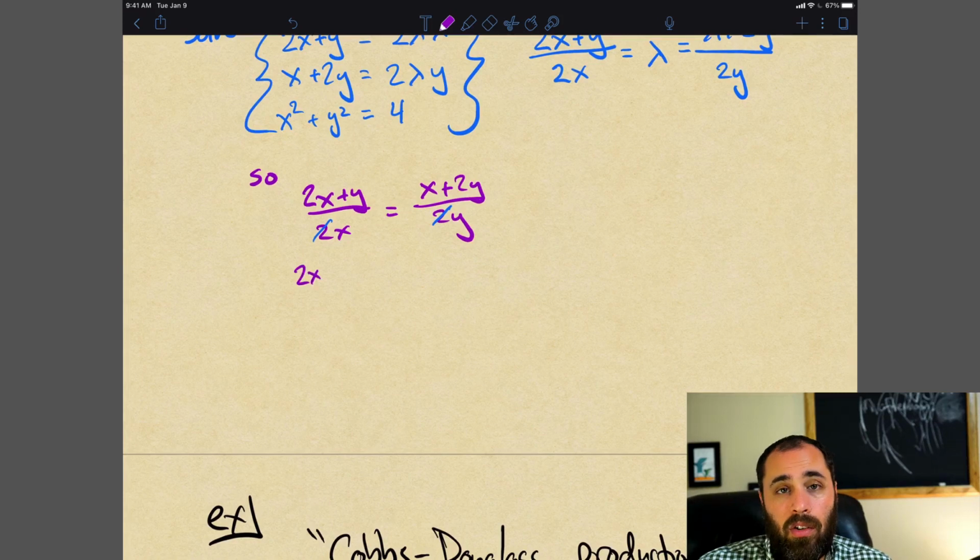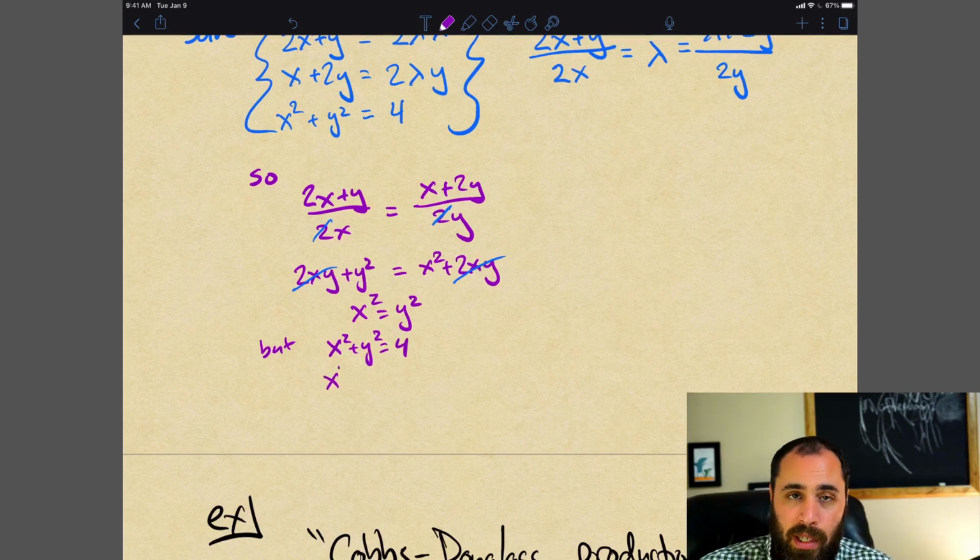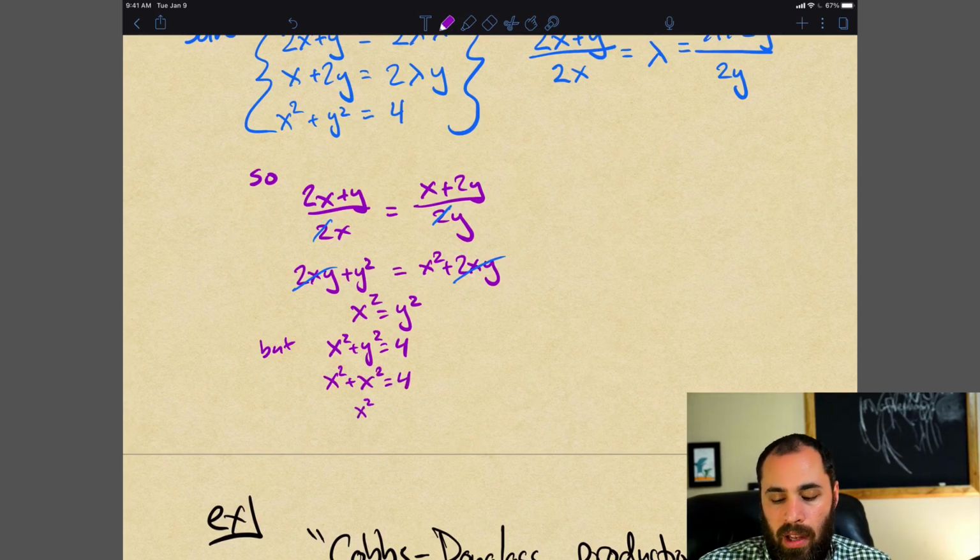We can cross multiply and get some other terms that cancel out. We conclude that x squared has to be y squared, but we know since this is a point on the constraint that x squared plus y squared is 4. We can replace y squared with x squared. And we conclude that x has to be plus or minus 2.